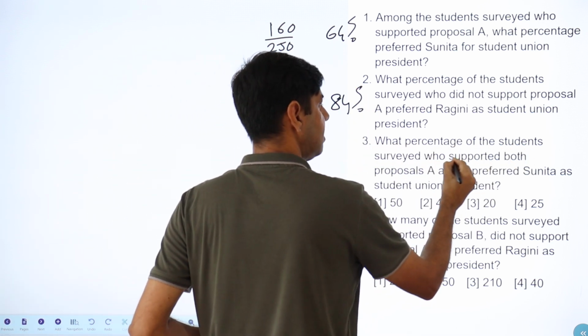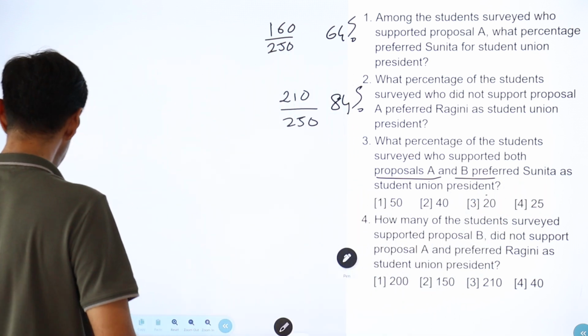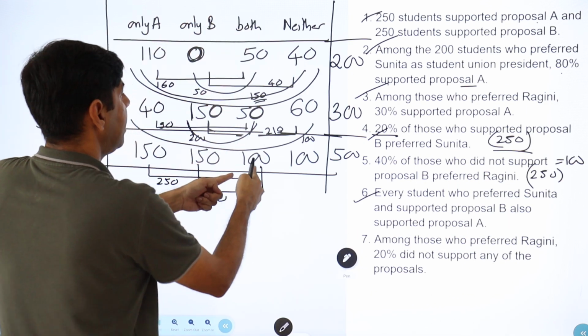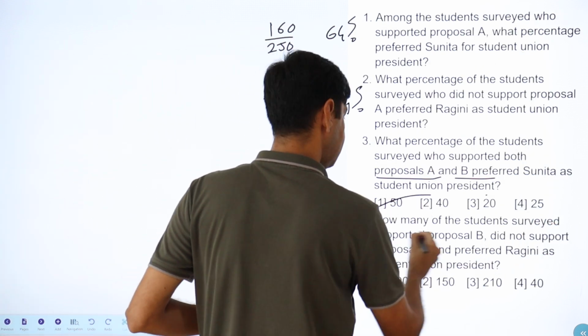What percentage of students surveyed who supported both A and B preferred Sunita as the union? Who preferred both is 100, Sunita 50%, 50-50. For how many of the students surveyed?